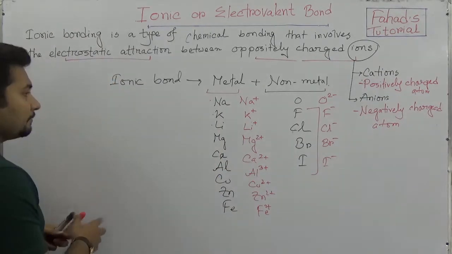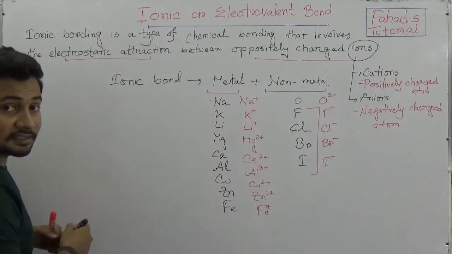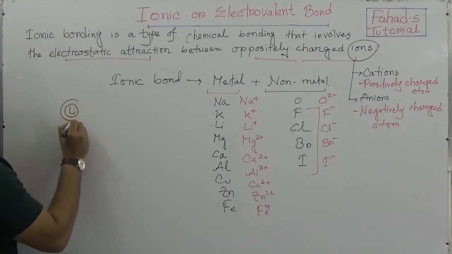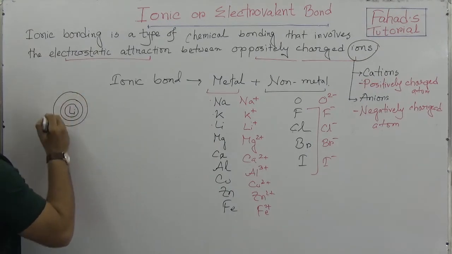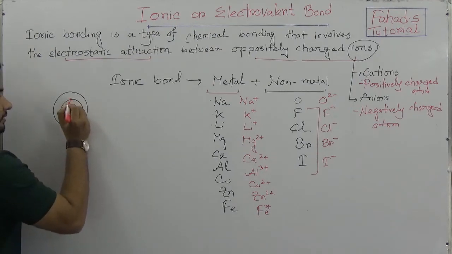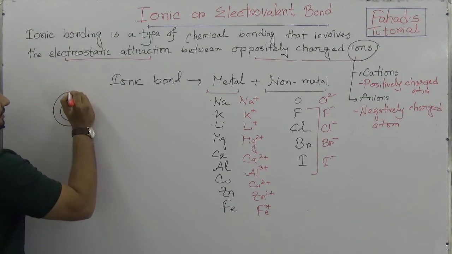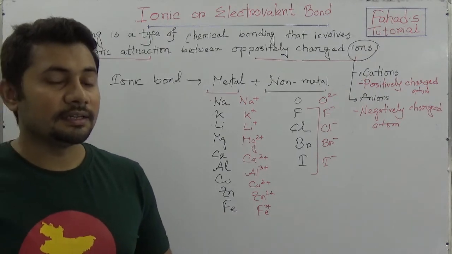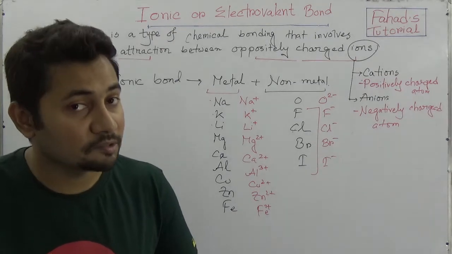Now you see, which is very common, the case of lithium. This is the nucleus, this is the first shell, and this is the second shell. Lithium has 2 electrons in the first shell and 1 electron in the second shell, as the atomic number of lithium is 3.